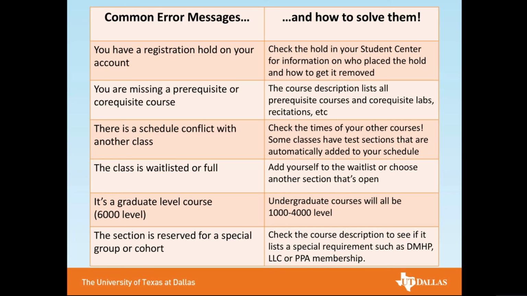And in some cases, some classes are reserved for special programs, majors, and cohorts. And these are noted in the enrollment information and the class details that we saw earlier. So please take note of that if you encounter any red X's during your registration.